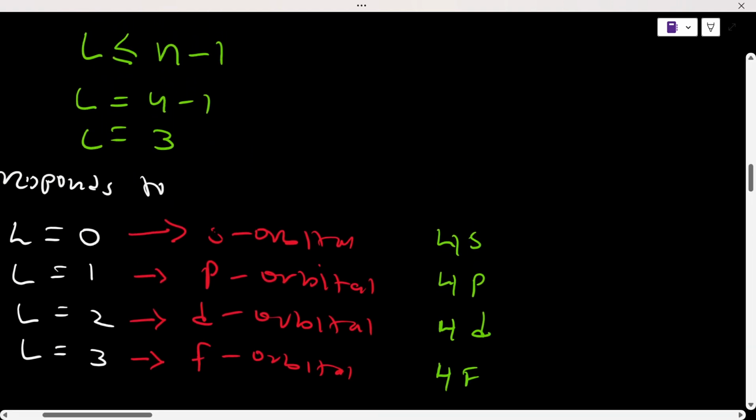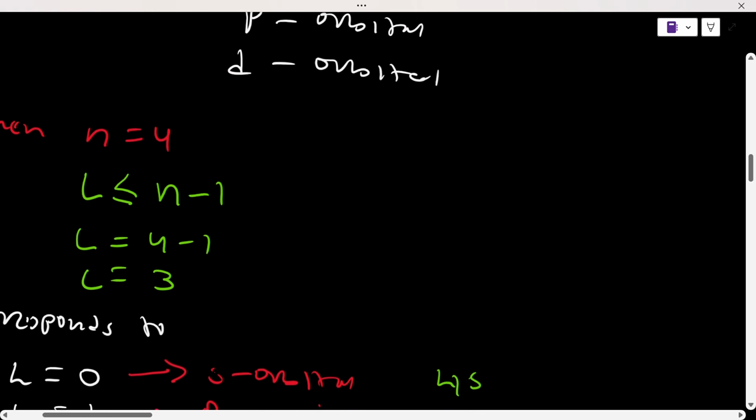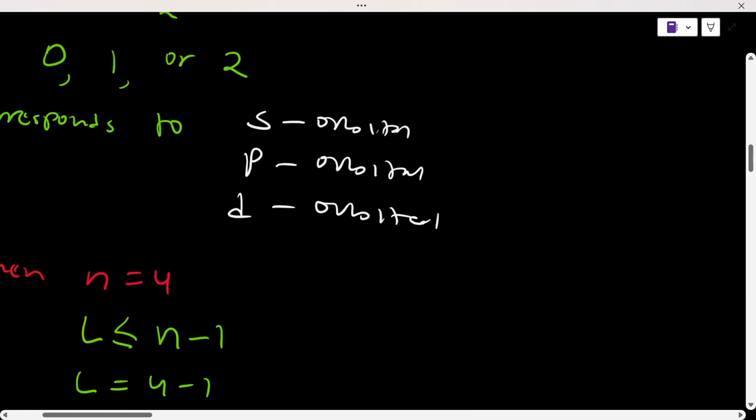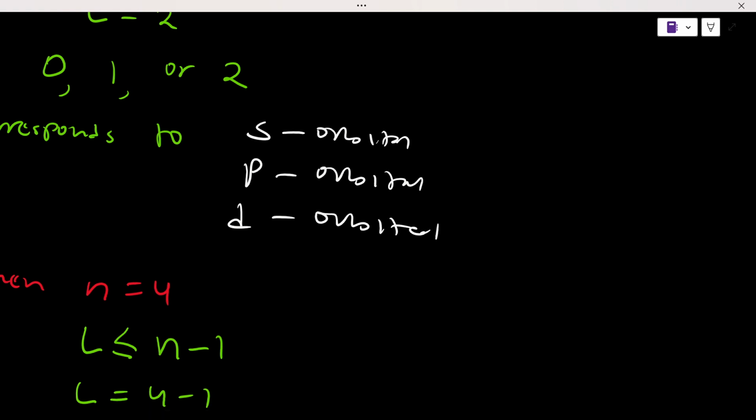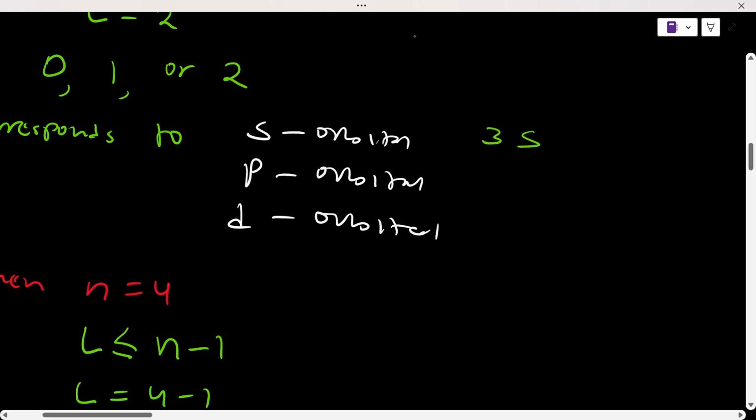So all these explains what can really happen. The same can also be told here because we are having 3, so meaning I'm going to have 3s, 3p, and 3d.